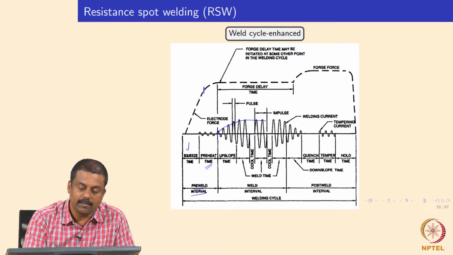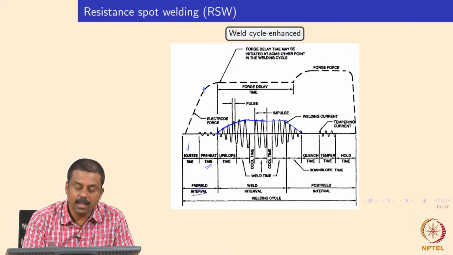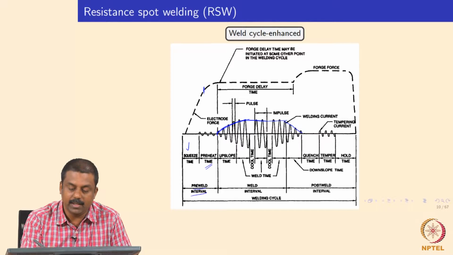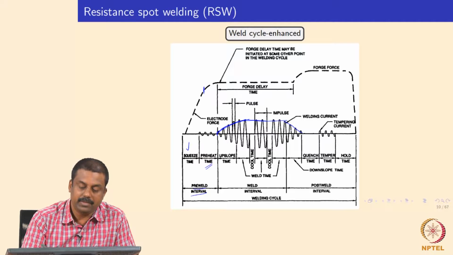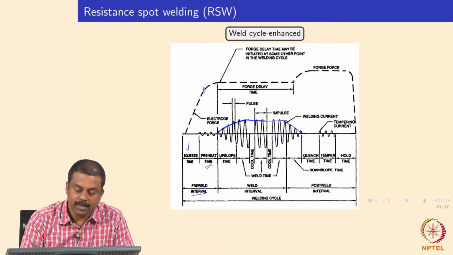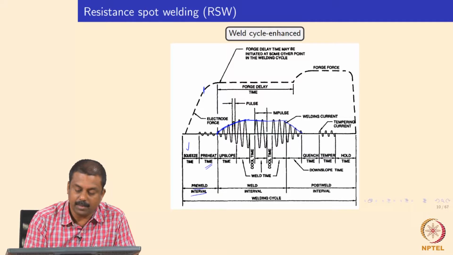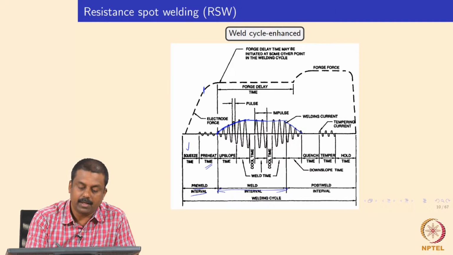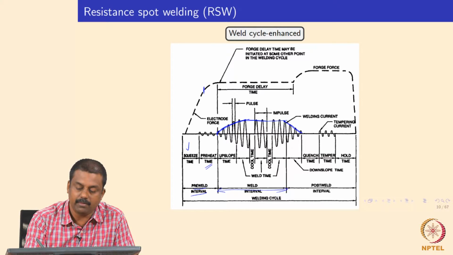So we can have an upslope, then a constant current, and then another downslope, and doing so we can modify the heating, holding and cooling time, and subsequently the rates at which these weld nuggets are heated and cooled. The entire weld time is determined by the upslope, the current we apply at constant amplitude, and the downslope. During this process we can also have a cooling time in between.